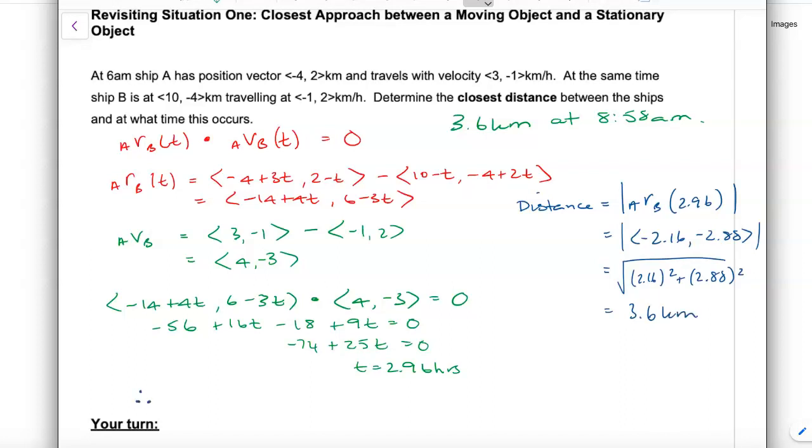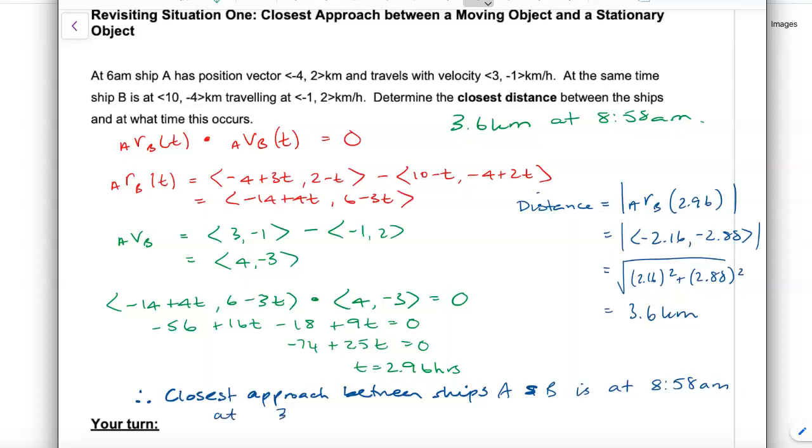So we can say the closest approach between ships A and B is at, now we've got 2.96 hours, so that's 8:58 a.m. And that will be at 3.6 kilometres apart. And that matches our solution when we use the function minimum.